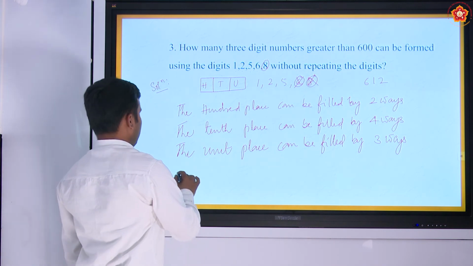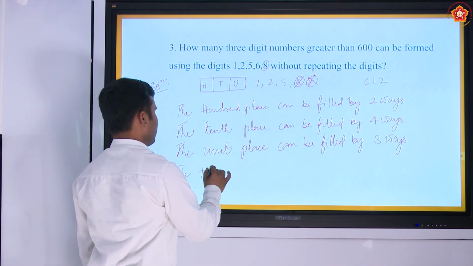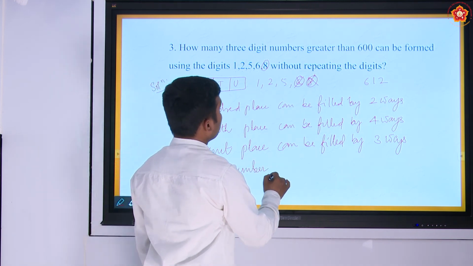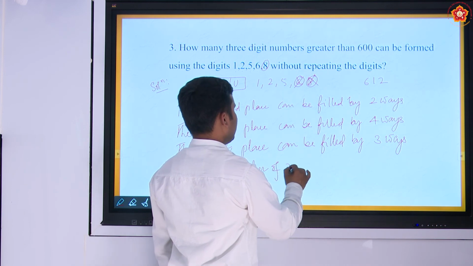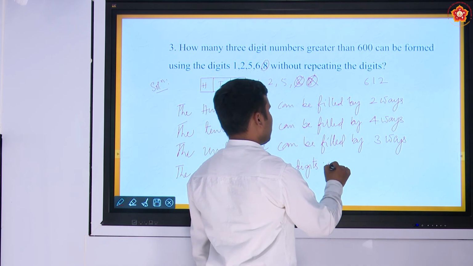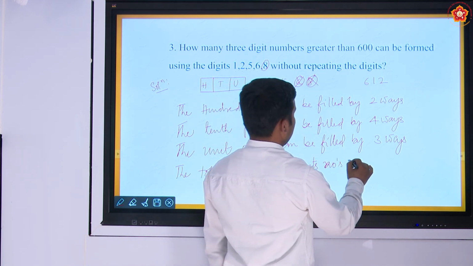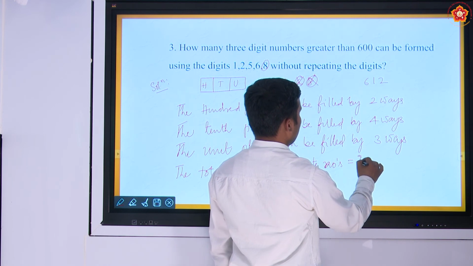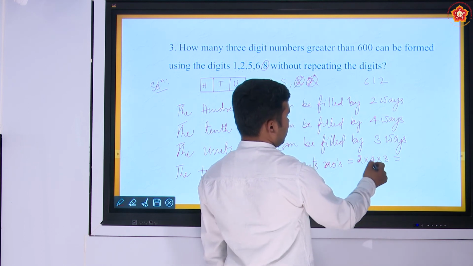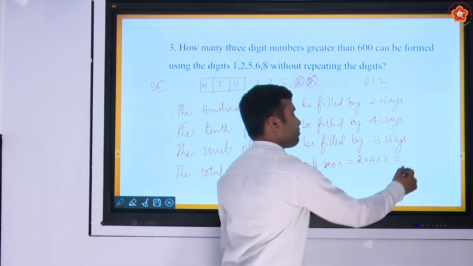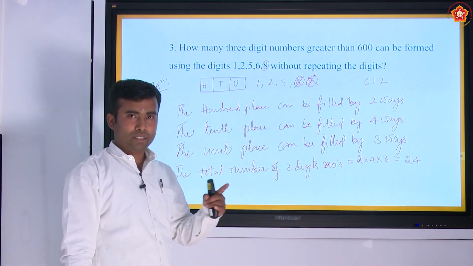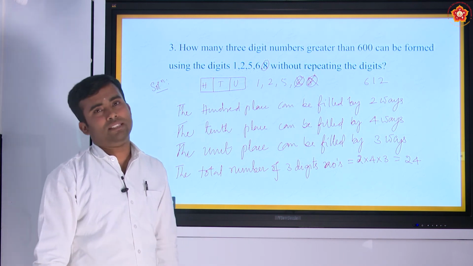Therefore, the total number of three-digit numbers will be equal to 2 into 4 into 3, which is 3 fours are 12, 12 twos are 24. There will be 24 numbers. 24 three-digit numbers are possible which are greater than 600.